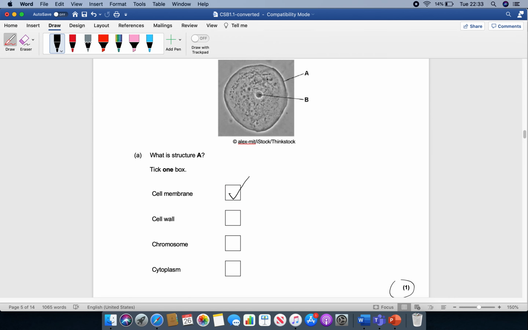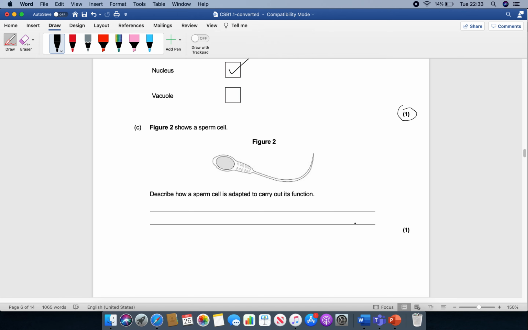Next question. Figure 2 shows a sperm cell. Describe how a sperm cell is adapted to carry out its function. So we've looked at this in our previous videos. We have to name a function and how it's adapted to it by the sperm cell.